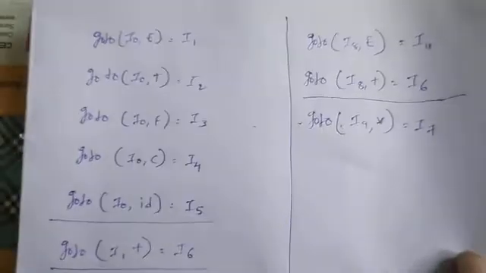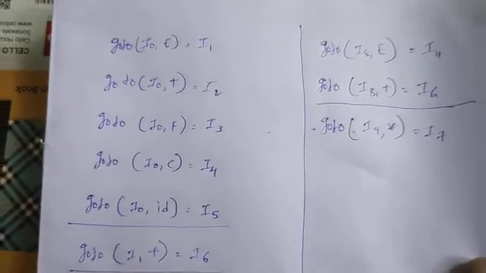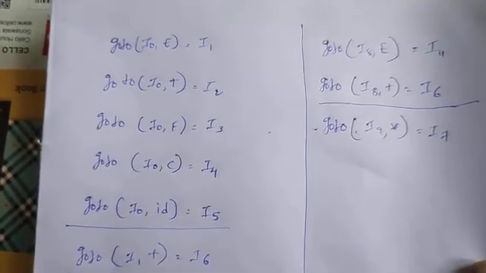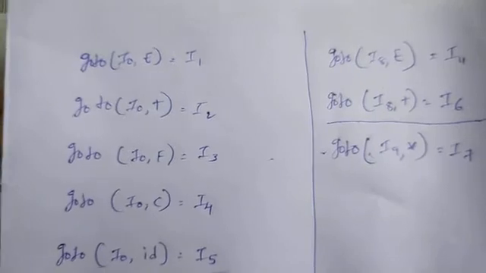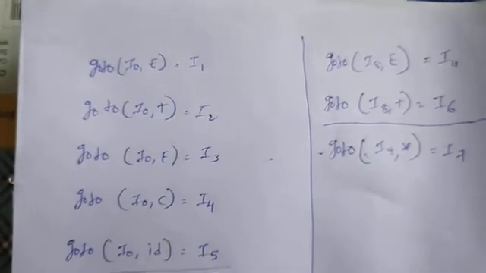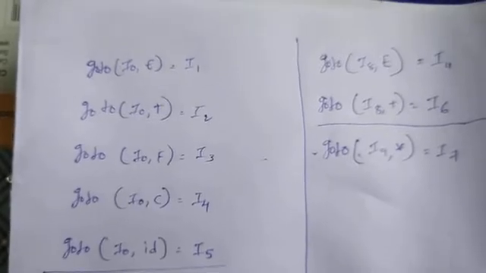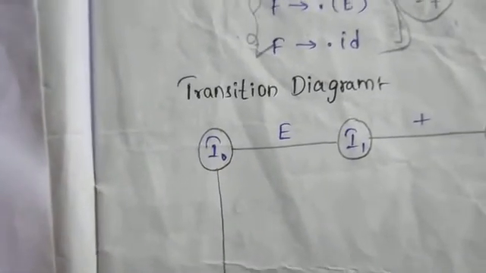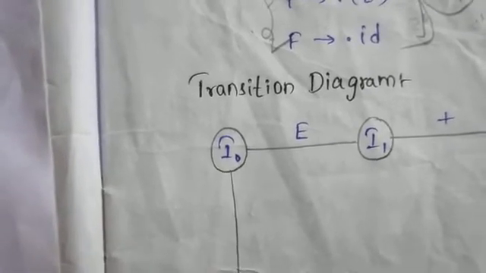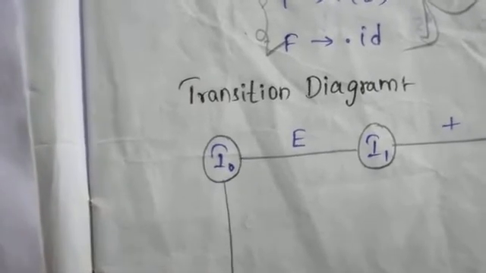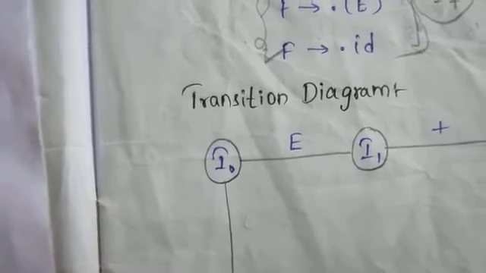Here we'll first go to I0 comma E equal to I1. That means in the I0 state the dot is moving over E, we get the I1 state. So like that, in the transition diagram, I0, if you get E it will go to I1. This is the first go to statement.